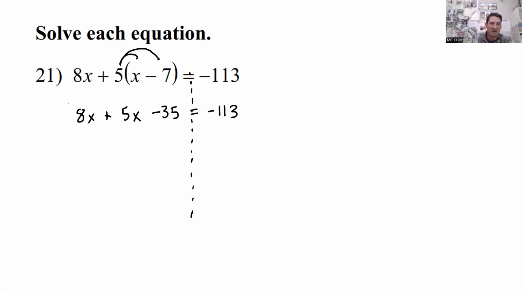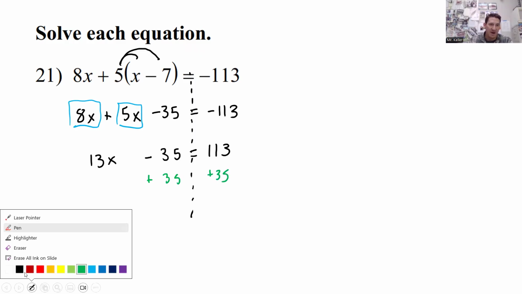Now I need to combine like terms. I have two sets of x's. So I have an 8x and a 5x. They were both positive. So when I combine those, that comes out to 13x minus 35 is equal to 113. Add 35 to both sides. And I forgot my negative over here.